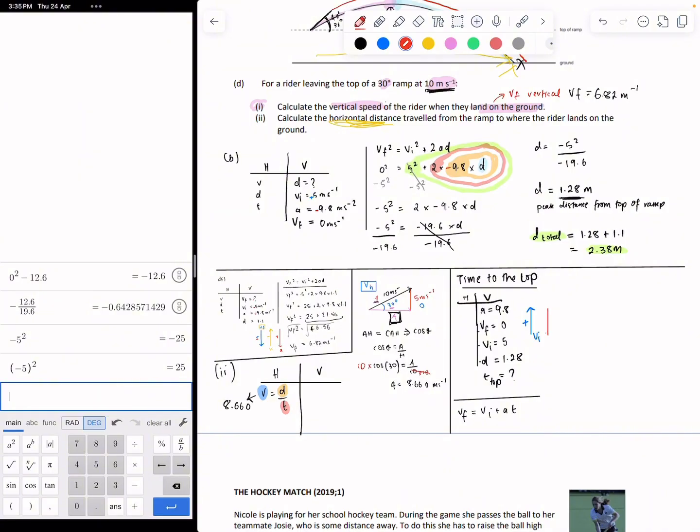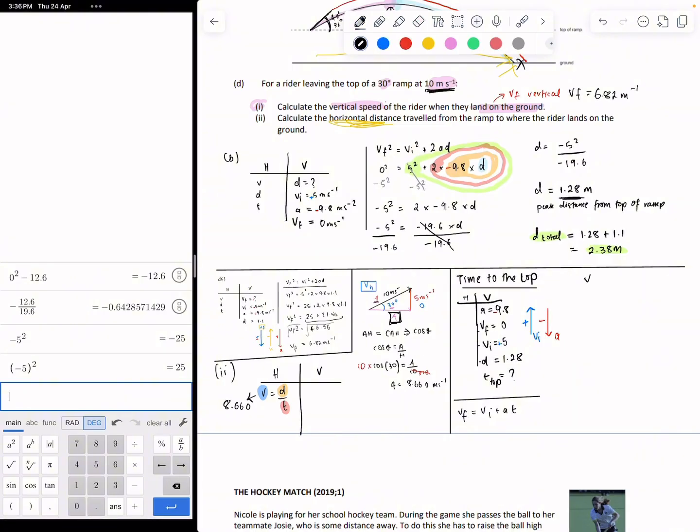Acceleration, on the other hand, is going down. So because VI is our anchor vector, our reference vector, acceleration is going in the opposite direction to our reference vector, so it's going to be a negative value. Thank goodness I remembered, otherwise we would have stuffed up. Okay, so now we can plug everything in.